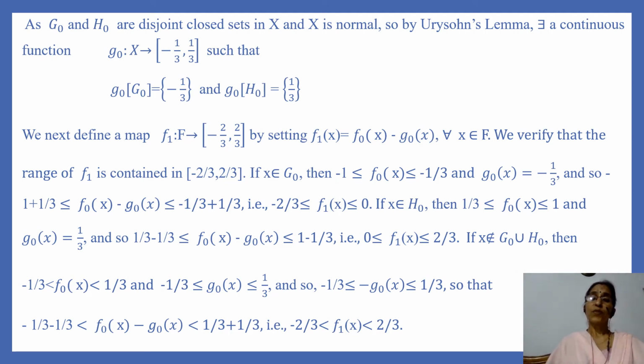In this way, we find that f naught x minus g naught x lies between -2/3 and 2/3. That is, f1 x lies between -2/3 and 2/3. And so images of elements of F under f1 lie in the closed interval [-2/3, 2/3].